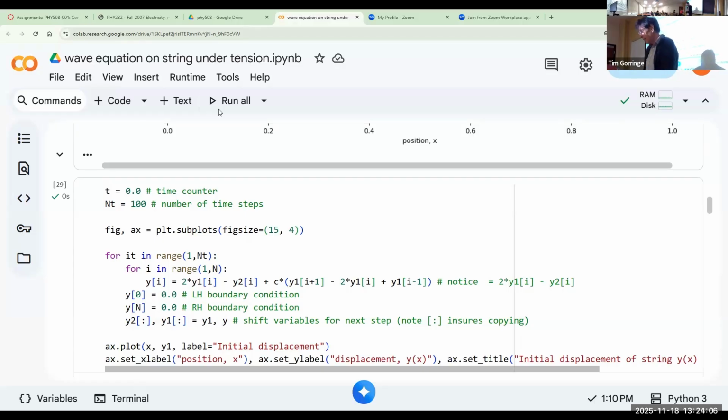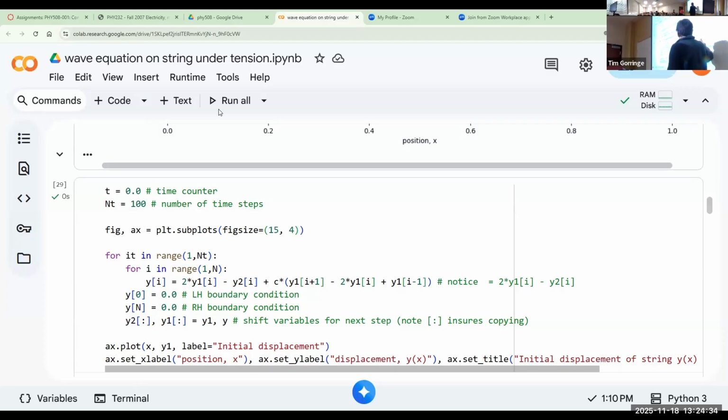Instead of just going forward 10 milliseconds in time, I'm now going to go forward 1 entire second in time, 100 of these 10 millisecond time steps. I'm doing that with this nested loop here. The inner loop is the loop over the position on the wire, where I calculate the future time from the prior time, and the outer loop is where I'm just stepping forward 100 time steps.